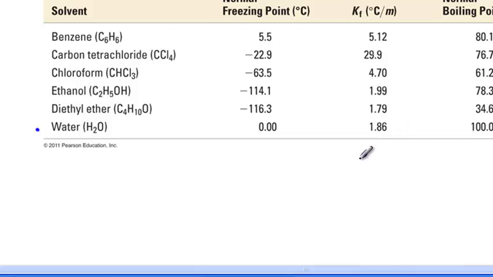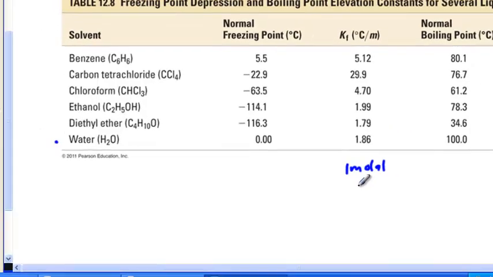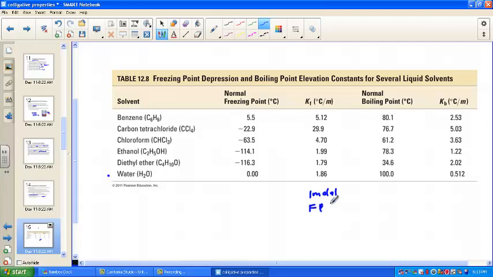The K constant now tells me that for every 1 molal solution, the freezing point is going to lower by 1.86 degrees Celsius. That's what this constant means. See those units, degrees Celsius per molal unit.